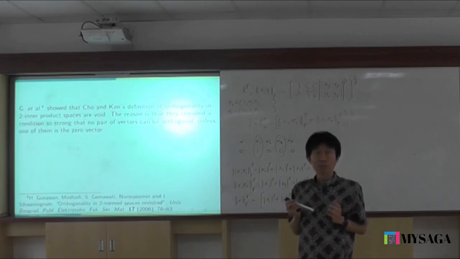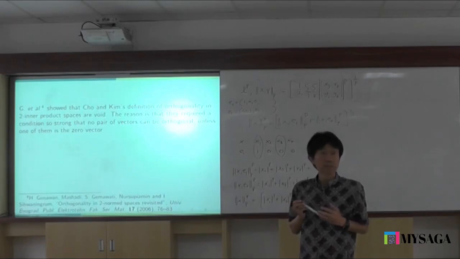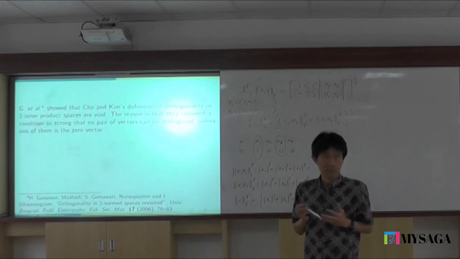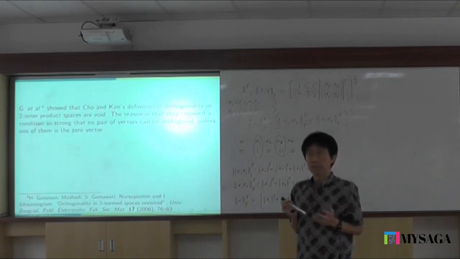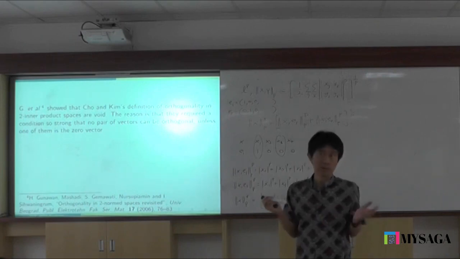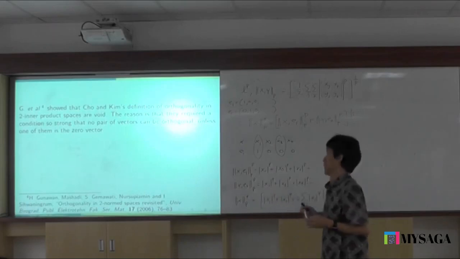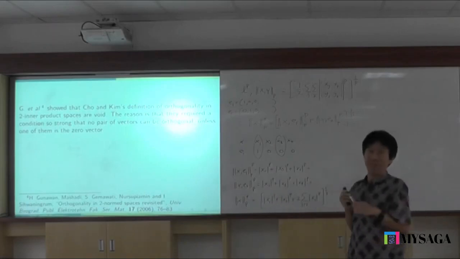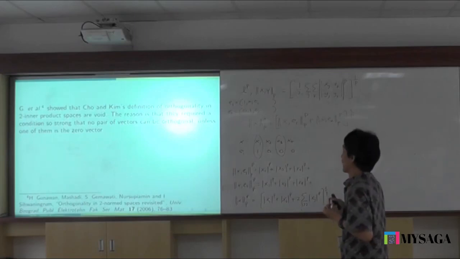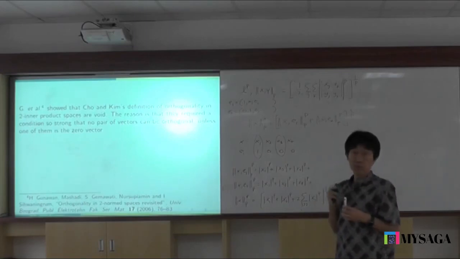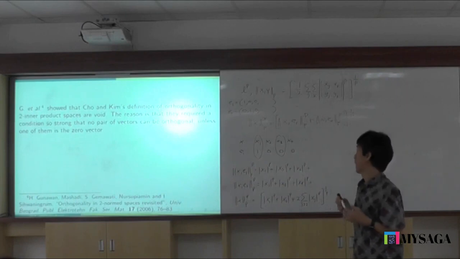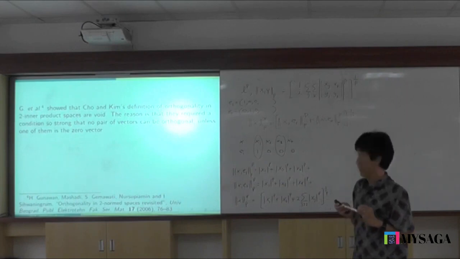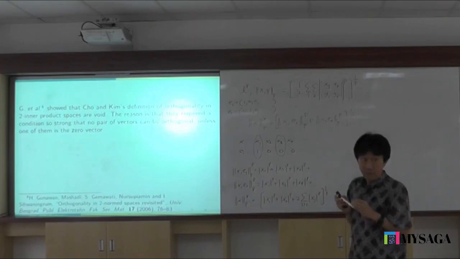That means you cannot find two vectors that satisfy the condition except when one of them is zero. If one of them is zero, then you are talking about nothing. So the reason is that they require a condition too strong, so strong that no pair of vectors can be orthogonal. But they didn't realize that.